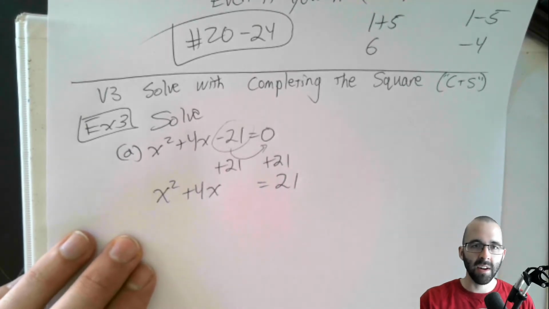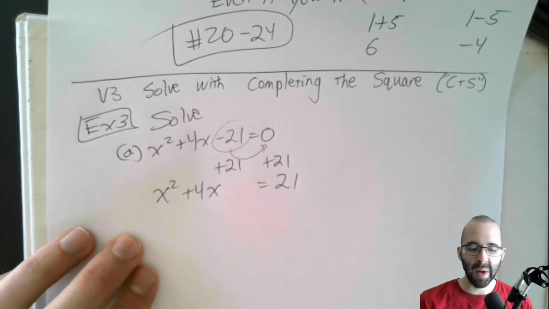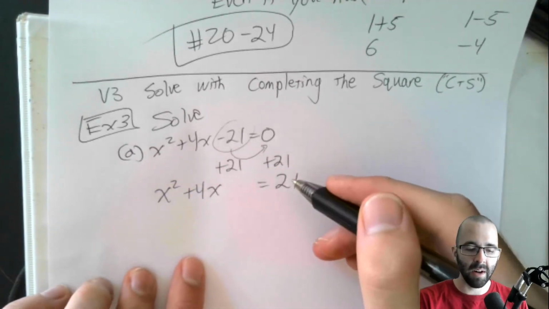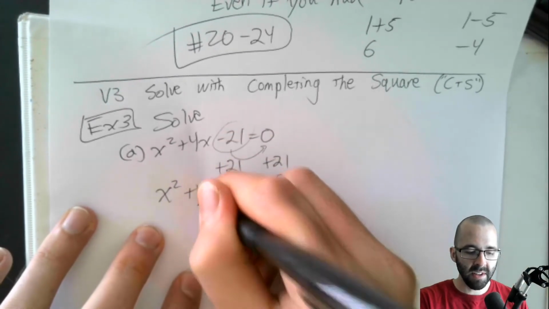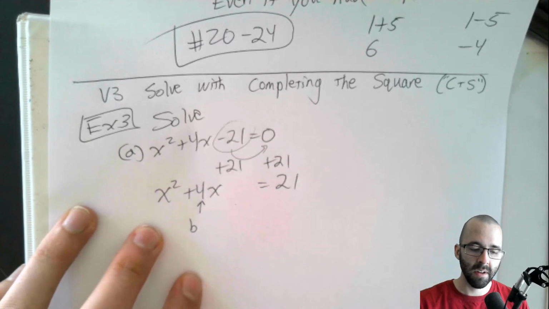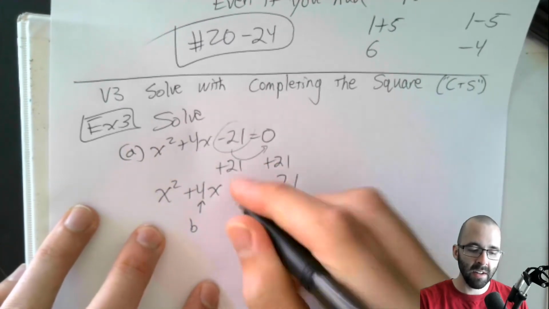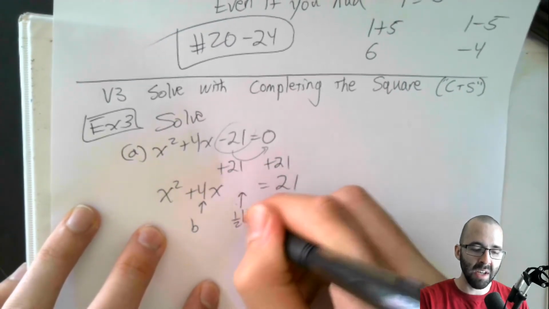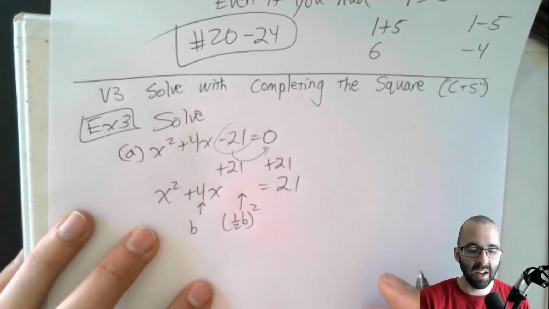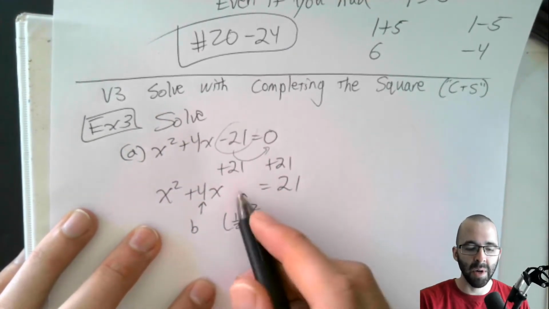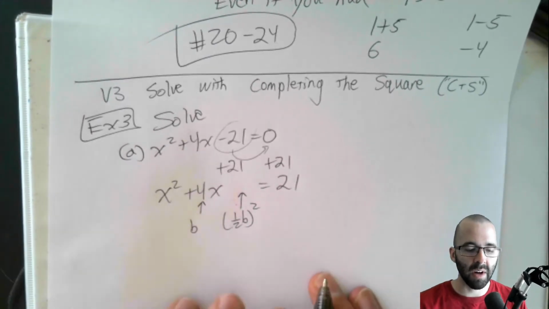Now, if you are a mathematical whiz or you've done a lot of math problems, you know how to make this a perfect square. But if you don't, this is our b value. What we need here is 1/2 b squared. And you just have to memorize that, okay? That's what we add to both sides in order to get a perfect square.